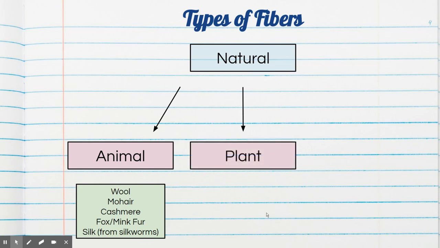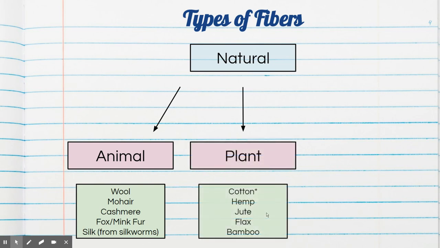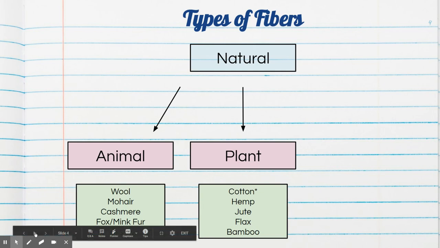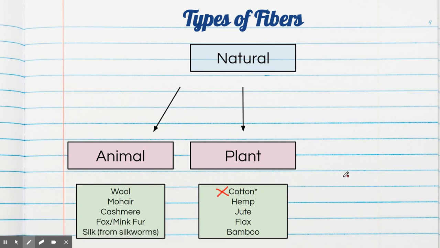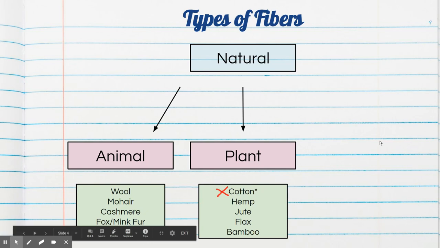They can also come from plants. The most common of these is cotton. You do need to write this down: cotton is the most common form of fibers. Then hemp, jute, flax, and bamboo.